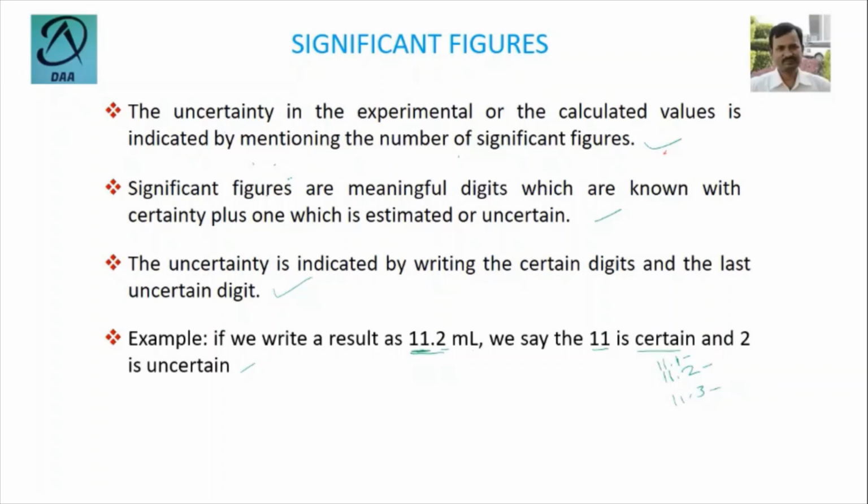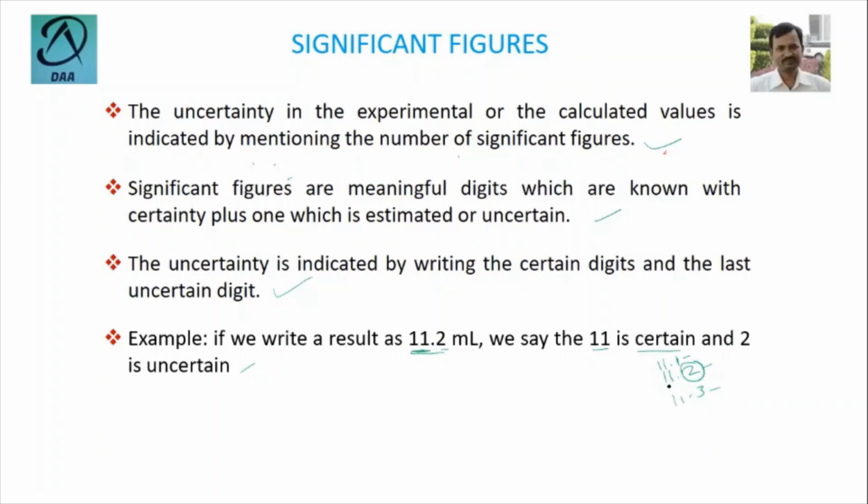As I told you, any measurement depends on 2 factors. One is the uncertainty that comes from the instrument itself, and another is the human factor, that means who is measuring this experimental value. That's why this 2 is uncertain.